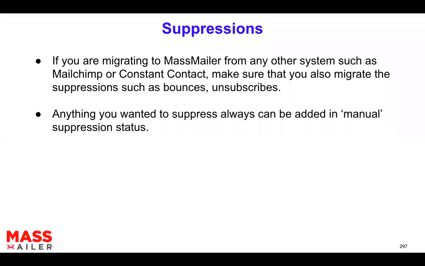Then the solution is you just add them to the suppression list using the manual option. As long as they are in the suppression list record, it'll suppress them, but manual will give you an idea that somebody manually entered this for whatever reason. You can also enter the reason field, that way you remember why you added. We've spoken about all of these features in separate videos, but it's very important to make sure that you understand this.